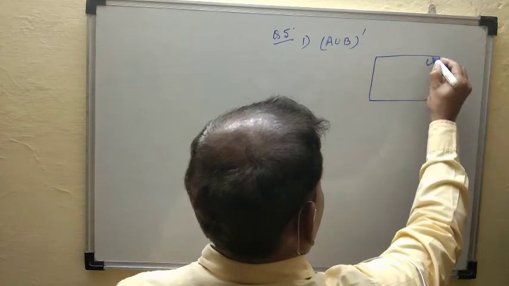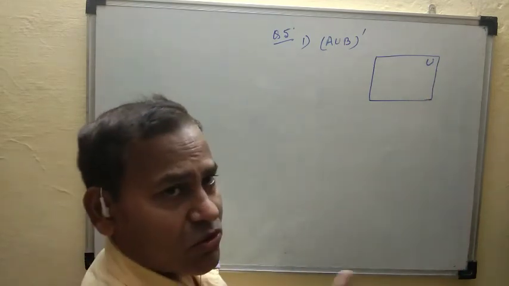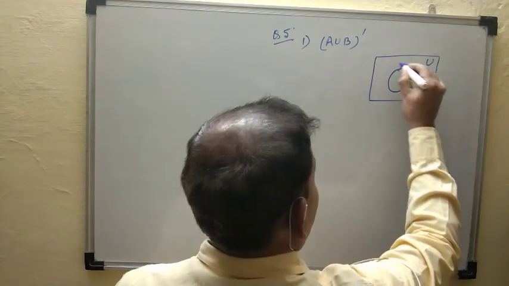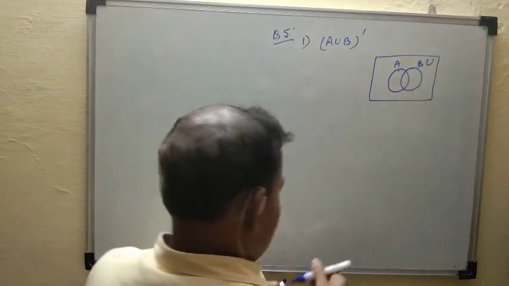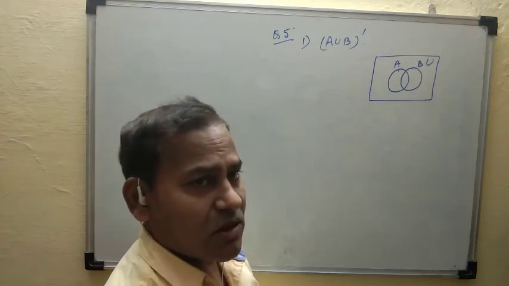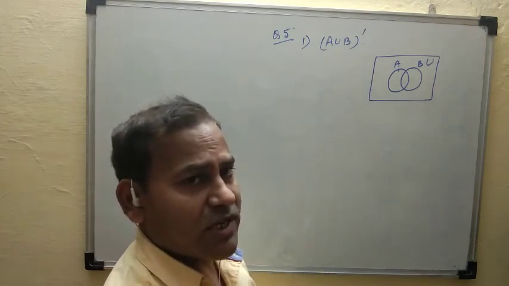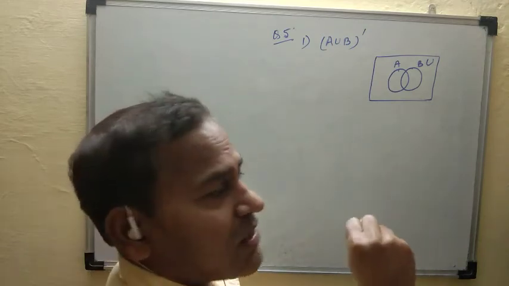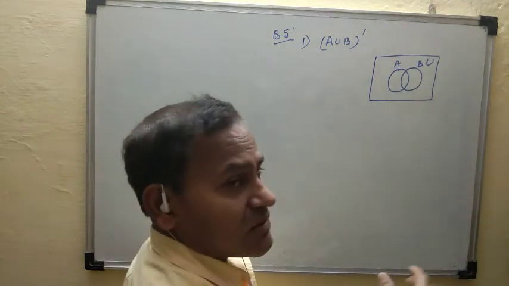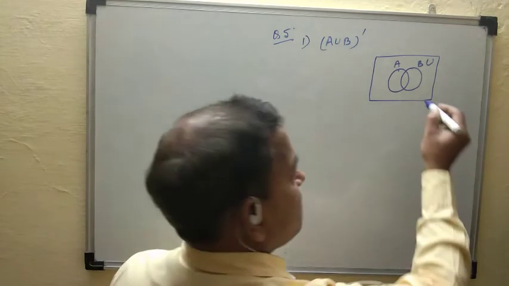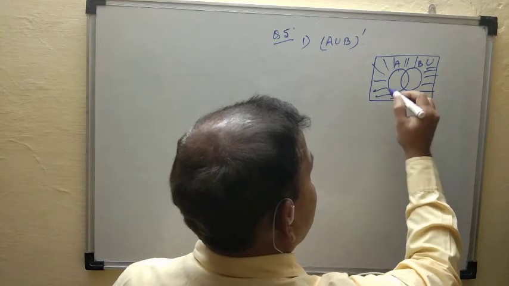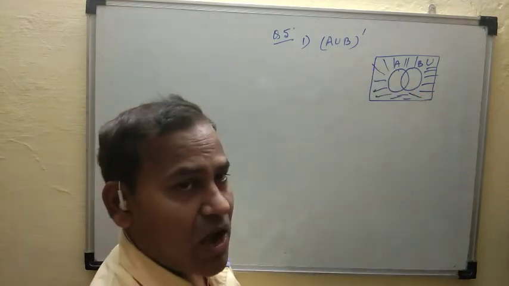Then draw two sets, this one is A and this set is B. First A union B, that is combining all the elements of set A and set B. When you combine both A and B, this whole part is A union B, and its complement is outside of A union B.